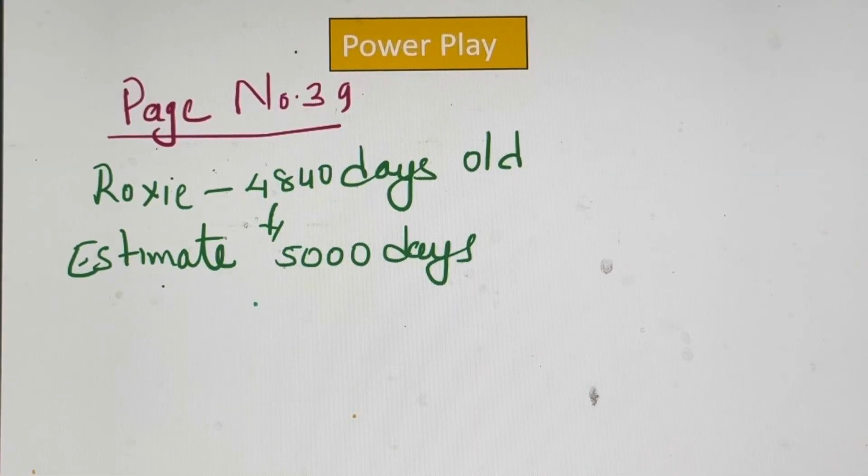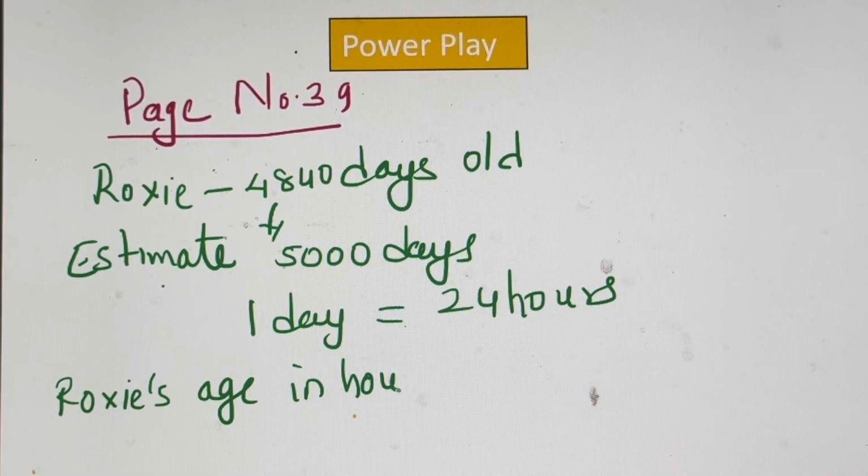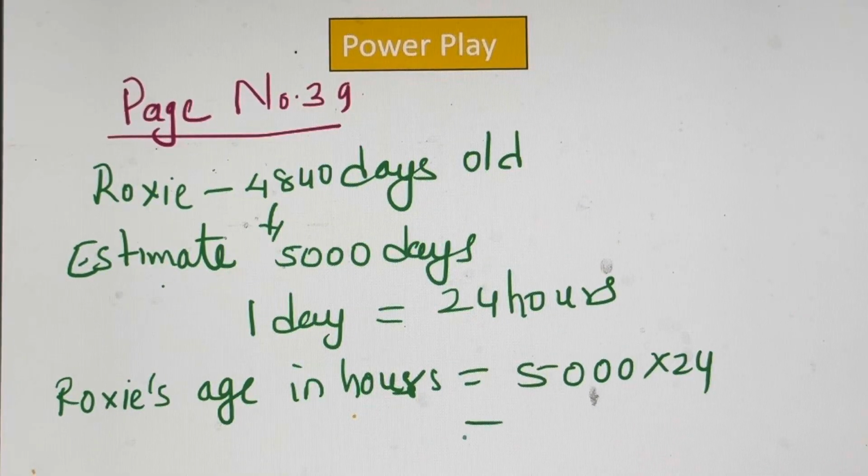Now one day has 24 hours. Right. So for Roxy's age in hours, we'll have to multiply because it will increase the number of hours. So 5,000 multiplied by 24. Right.